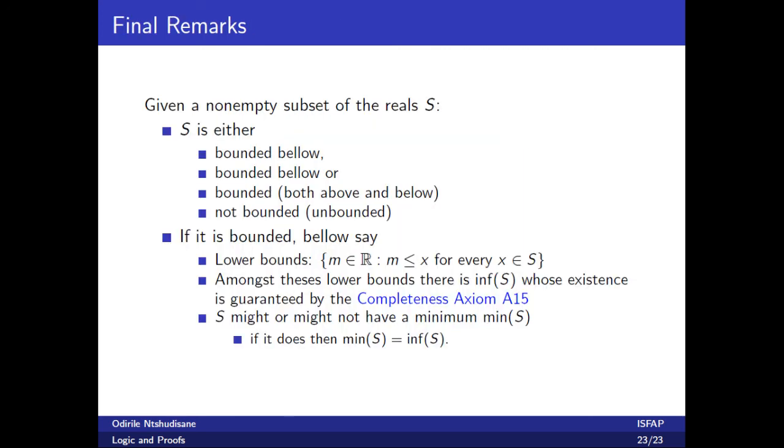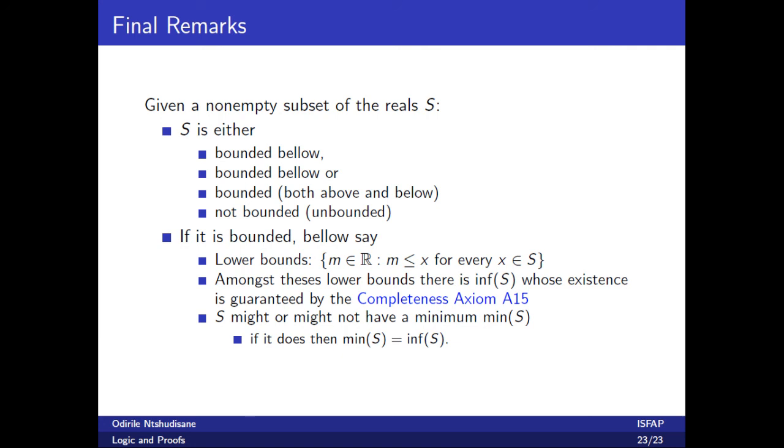So, sounding a bit repetitive, a final remark: we start off with a set S of the reals, and we determine whether it's bounded below, or bounded above, or bounded from both sides, both above and below, or it may be unbounded or not bounded.